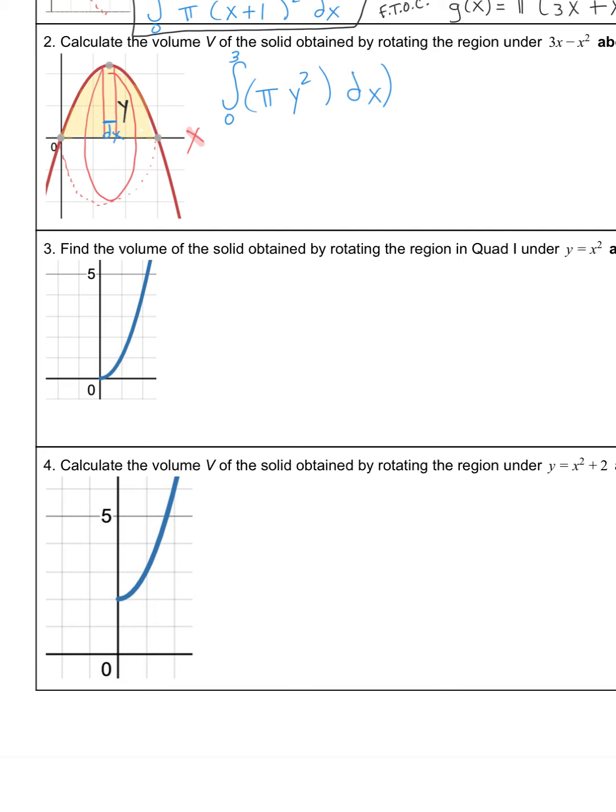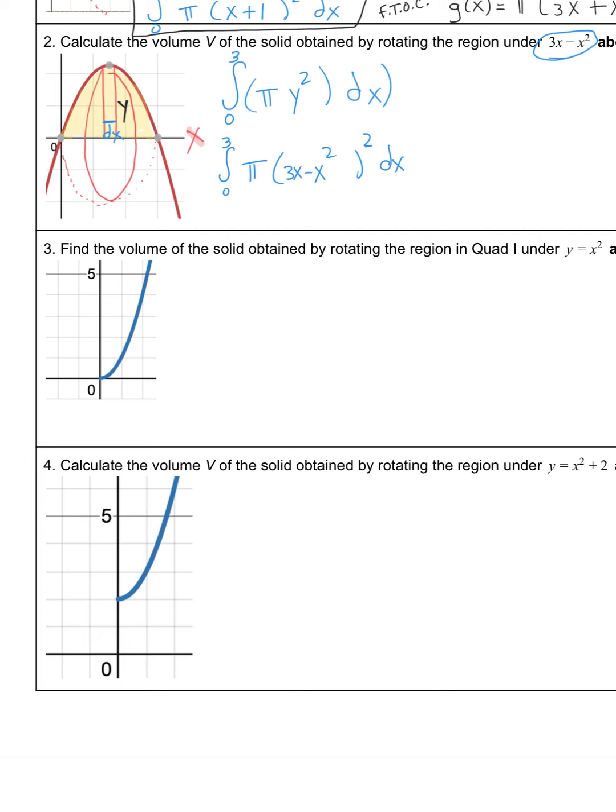Now we're going to plug in what y is equal to. So we are from 0 to 3, pi y squared dx, and y is equal to, right here, 3x minus x squared. So there is our definite integral.